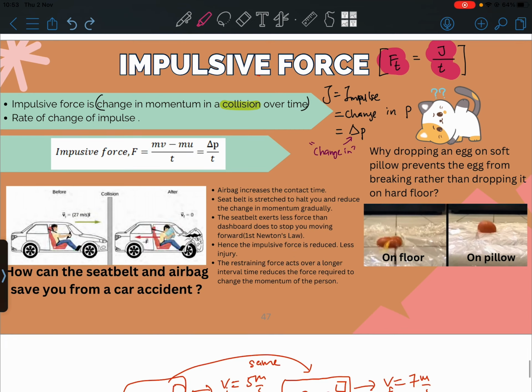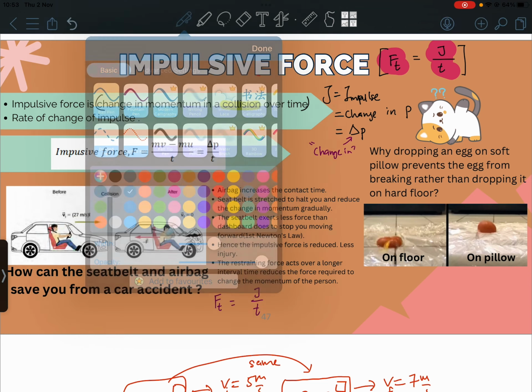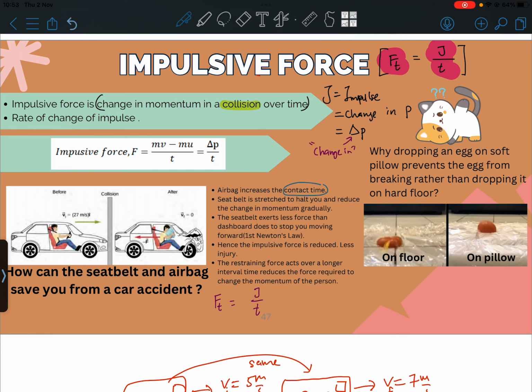Still remember the formula Ft equals J divided by T. Contact time is basically the collision time, T. So when the contact time increases, automatically this impulsive force will be reduced, because Ft is inversely proportional to T. So higher contact time means lower impulsive force applied.